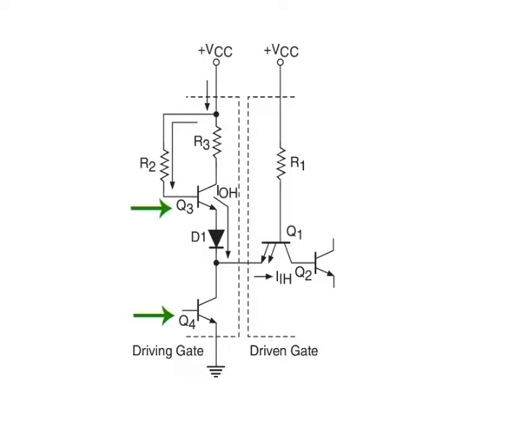The major advantage is that it offers low output impedance in both the high and low output states. In the high state, Q3 acts as an emitter follower and has an output impedance of about 70 ohm. In the low state, Q4 is saturated and the output impedance is approximately 10 ohm.